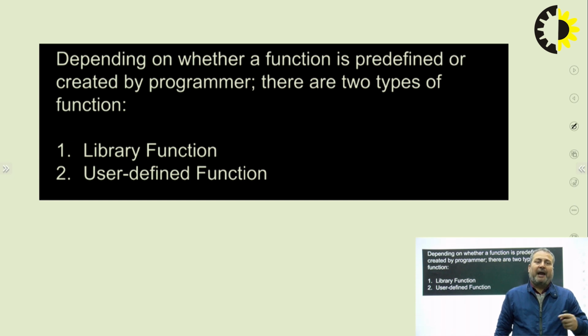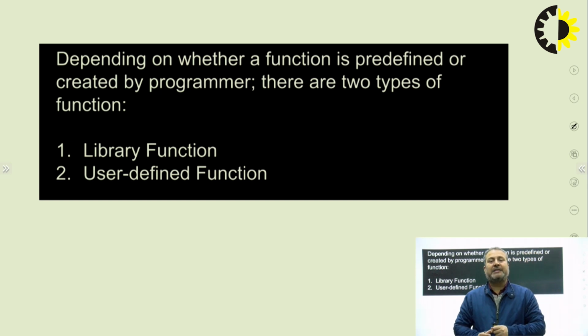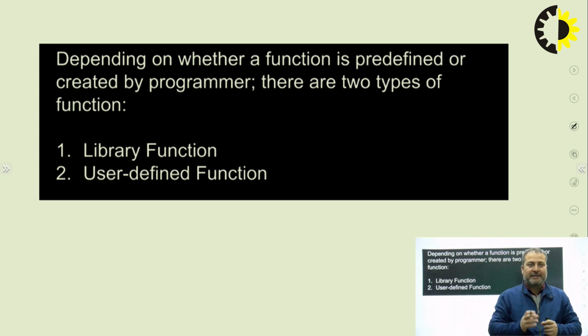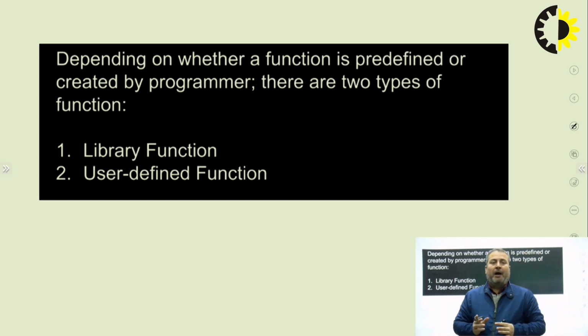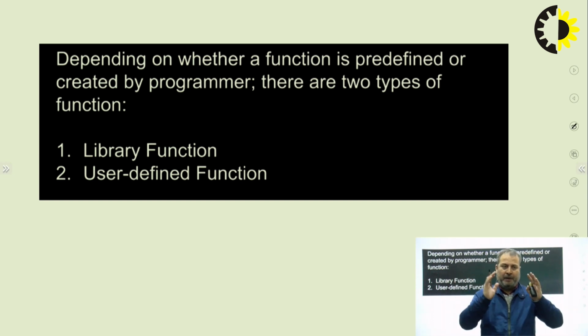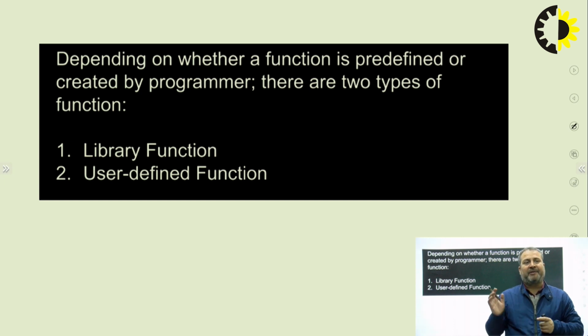Next, we write the exact code inside the function, and that portion is called the function definition. If we want to execute that code, we have to call that function. In C, we simply write the name of the function followed by a semicolon, and the function gets executed.